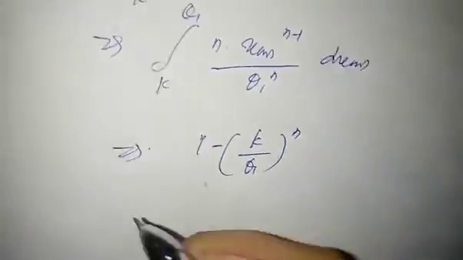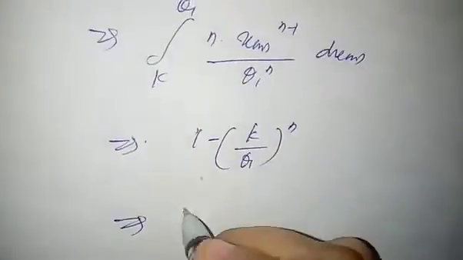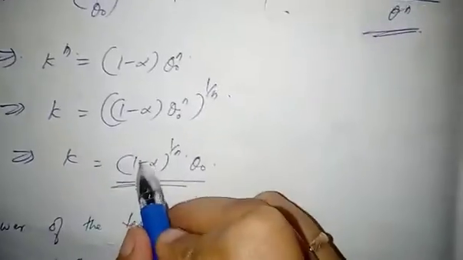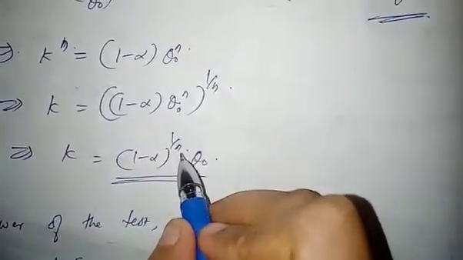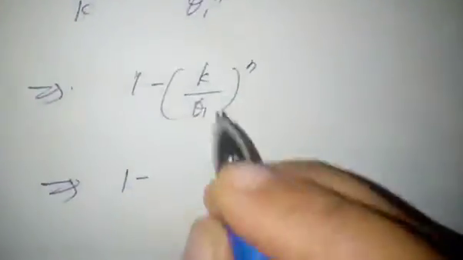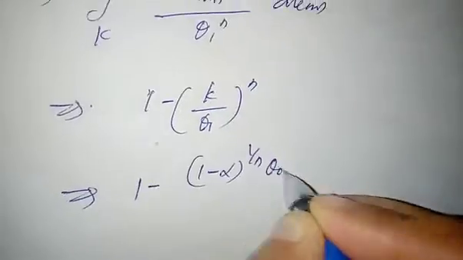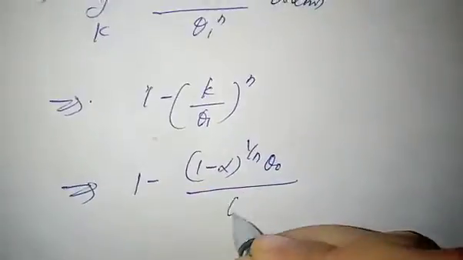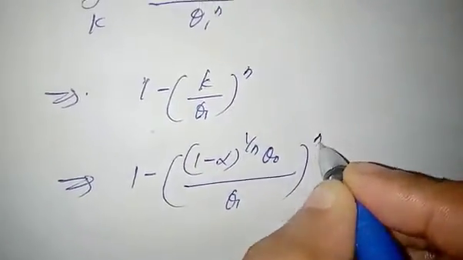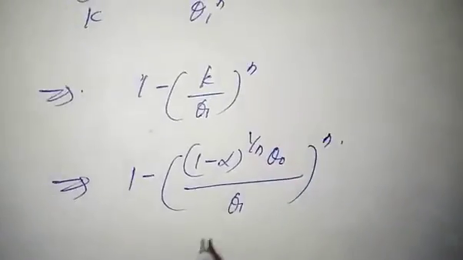What is the value of k then? From the size of the test we obtain k, that is 1 minus alpha power 1 by n times theta naught. So we substitute the value of k, 1 minus alpha power 1 by n theta naught, divided by theta 1 whole power n.